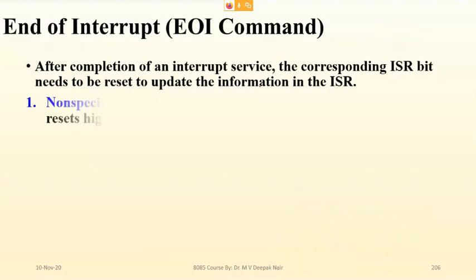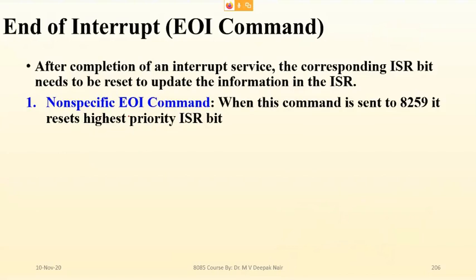In non-specific EOI, we do not specify that we have to end the interrupt from a particular line. You just pass EOI, and whichever interrupt was there will be automatically reset. When this command is sent to the 8259, it resets the highest priority ISR bit automatically.